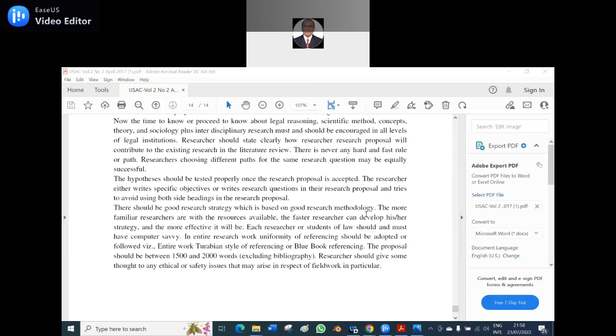At the end, you can write within parentheses, meaning round brackets or circle brackets, "accessed on" and today's date. What is the date today? 22nd.